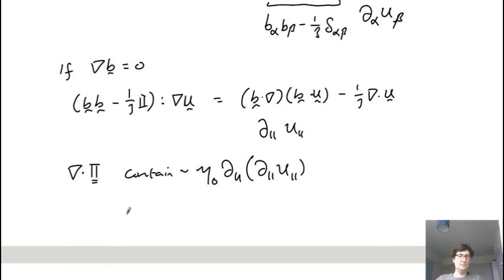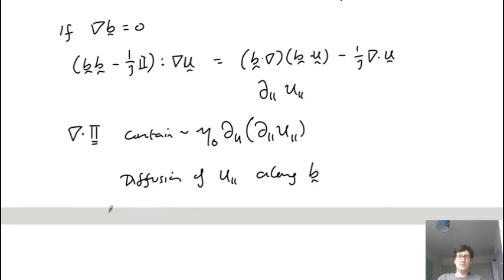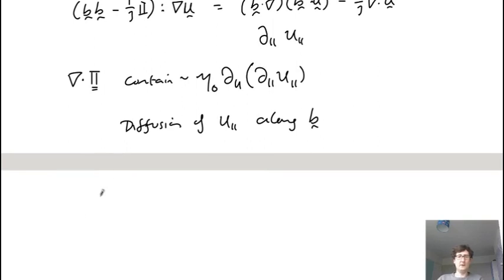So this is a diffusion. So it's diffusion of parallel momentum along B. And now if you write down this coefficient at the front, eta naught, this is the coefficient for this parallel viscosity. So eta naught is different for electrons and ions. So for ions, it has the ion collision time. This is 1 over nu i, so it's the collision time.